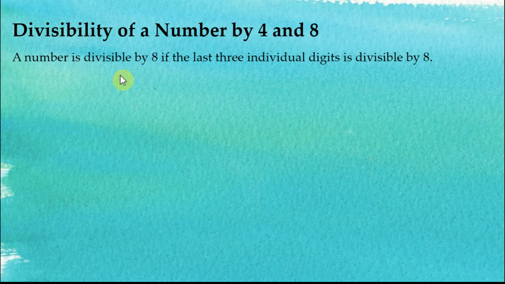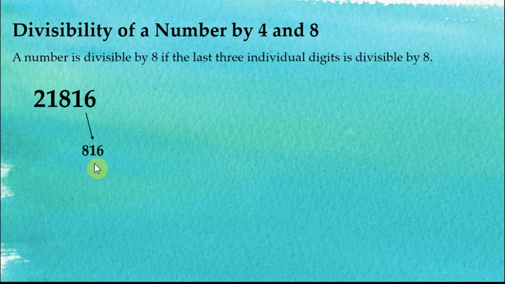A number is divisible by 8 if the last three individual digits are divisible by 8. Let's see this example, 21,816. The last three digits are 816. So is 816 divisible by 8?